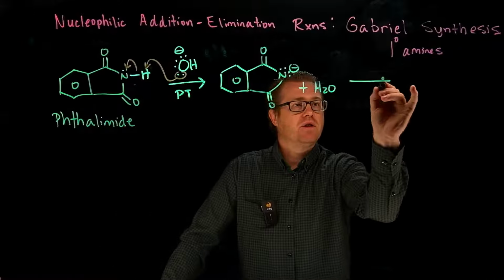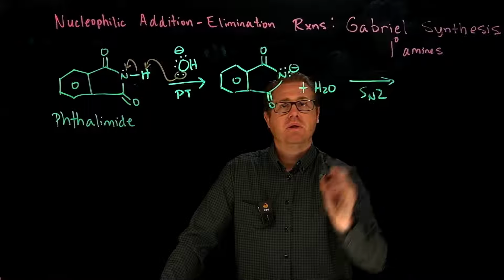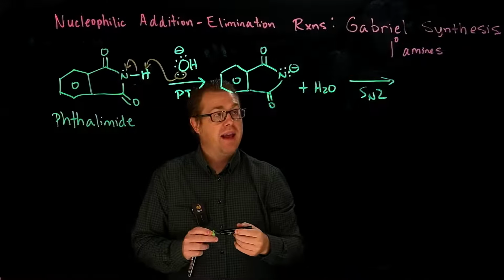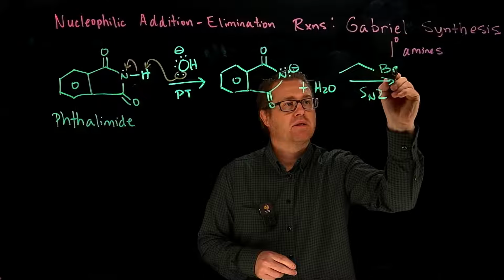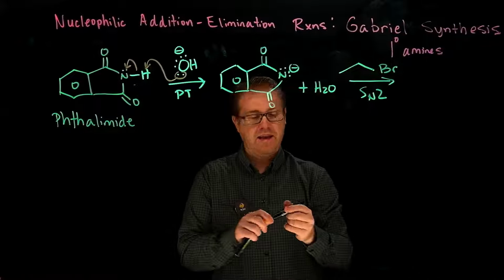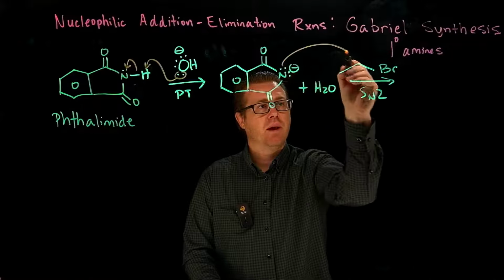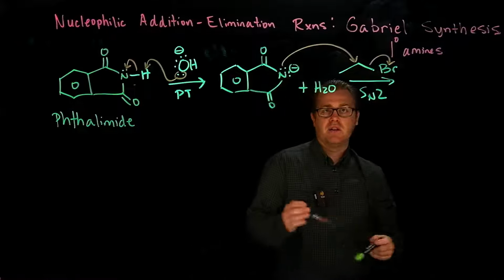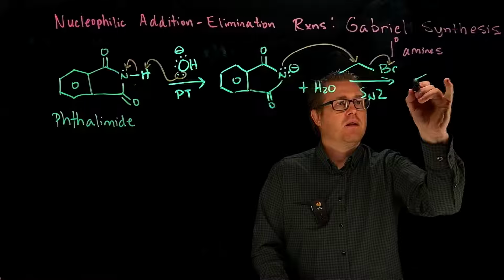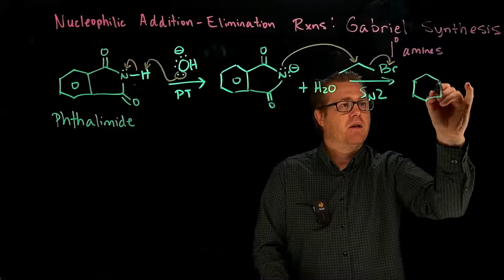And now we're going to do an SN2 with the alkyl halide. So if we draw our alkyl halide like so, we'll just do an SN2 style. We'll take some lone pairs, backside attack. That's going to generate this species right here.